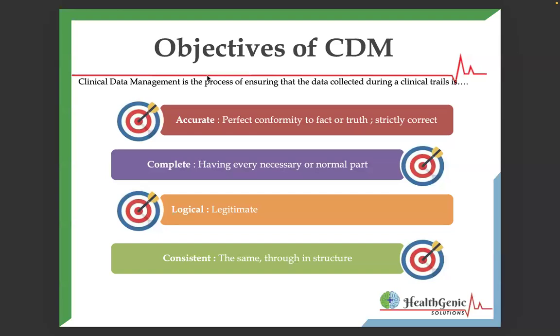So what these sponsor companies or pharma companies do is they synthesize a product which can work on a particular disease, a particular cancer. Now, how do they know that this medication may or may not work?